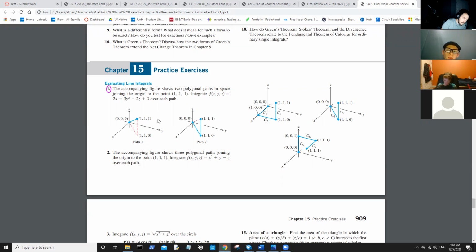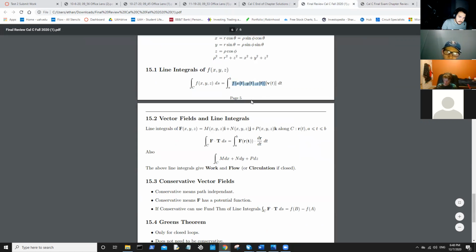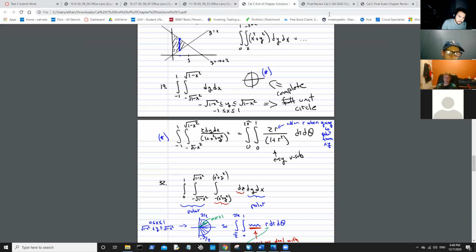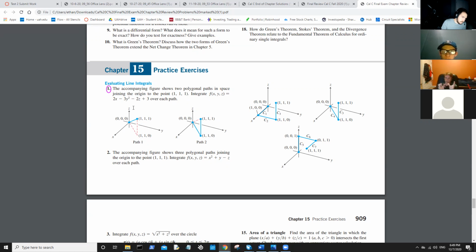Then we have to take the magnitude, so it's going to be the square root of 3. It is root 3. And then it's the magnitude times whatever this is, evaluating each of the functions at t. Basically x of t is going to be the i component of our path, in terms of t.